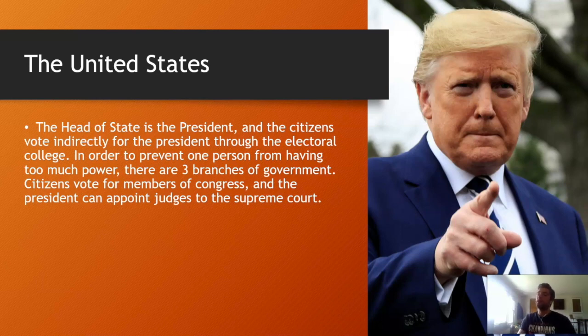In order to prevent one person from having too much power, there are 3 branches of government. Citizens vote for members of Congress, and the president can appoint judges to the Supreme Court. And so the president represents one branch of the government, and the citizens can vote indirectly for the president.